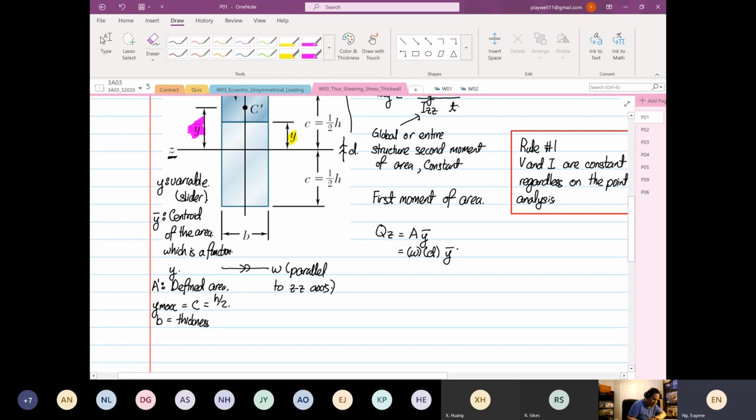Or you can say the thickness is based on the perpendicular geometry direction, or geometry orientation, relative to the applied shear stress or applied shear force.